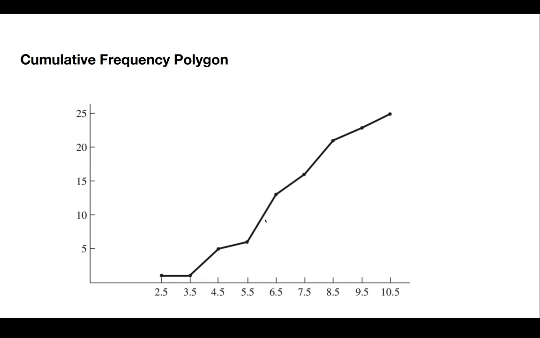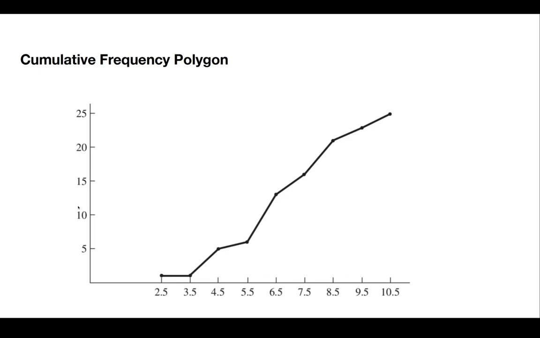So in this case, 6 on the x-axis intersects with the frequency of 10, and following the formula, frequency over n, 10 divided by 25 is about 40%, as a percentile rank.